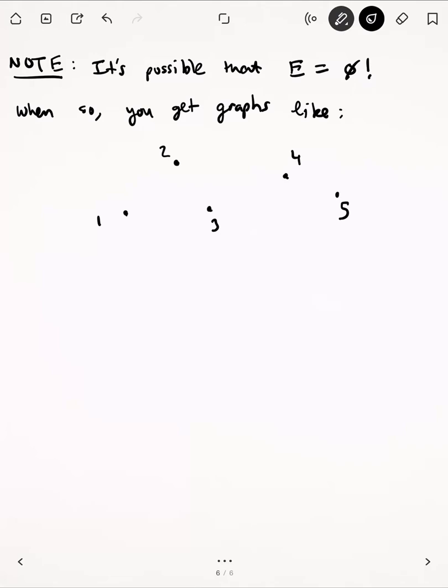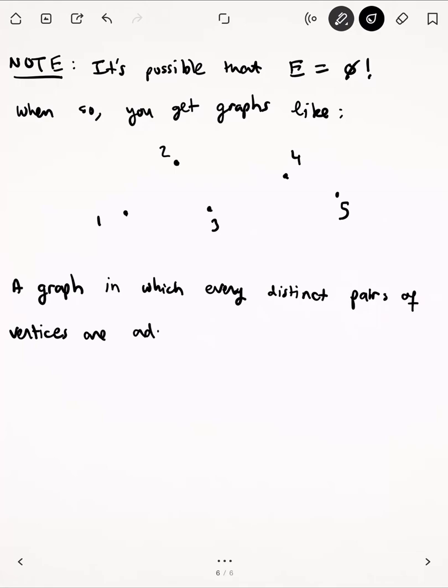Now, the opposite end of the spectrum: a graph in which every distinct pair of vertices is adjacent is called a complete graph. Okay, and so just some properties about this.